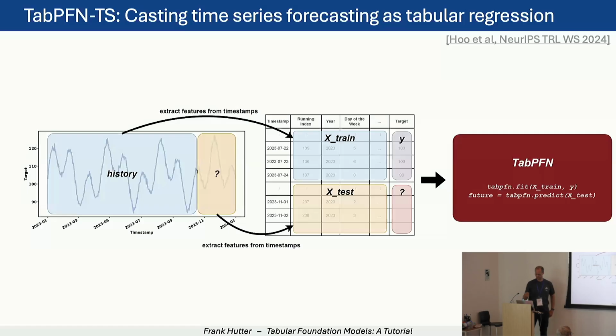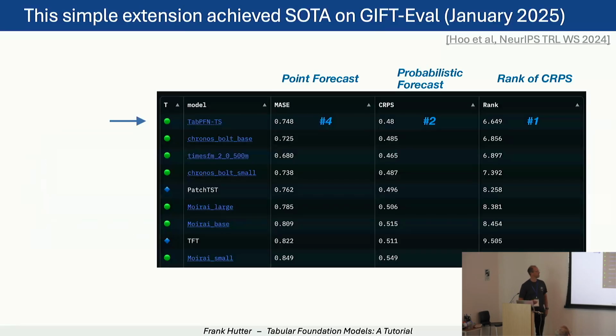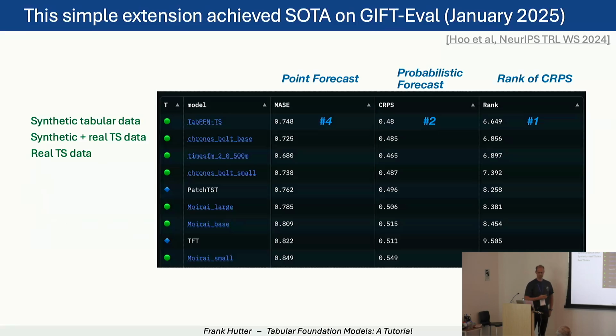And this simple trick with the model from Nature that has never seen a time series in its life was actually the leading method on the GIFT-eval benchmark, which is sort of the most prominent benchmark these days for time series. It's a small model, 11 million, smaller than Chronos and TimesFM. And more importantly, it's only been trained on the synthetic tabular data, never seen any real data, never seen any time series, never seen this weird featurization of time series, and nevertheless, it will work better.